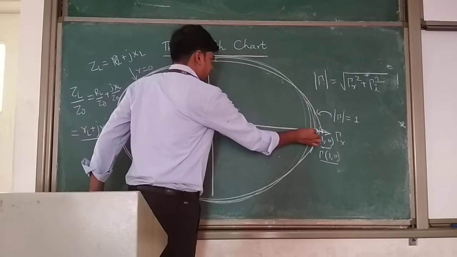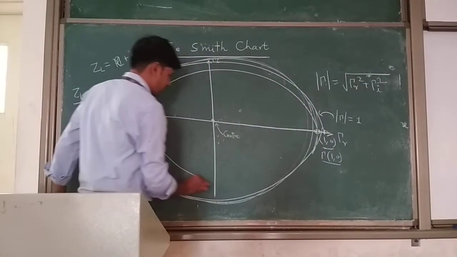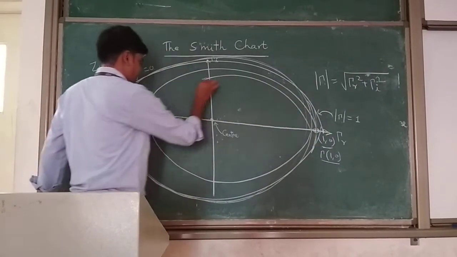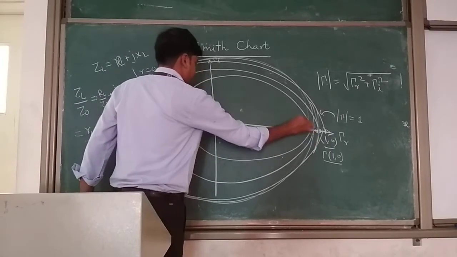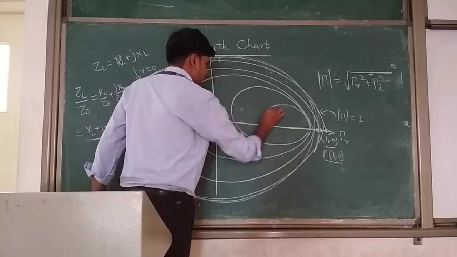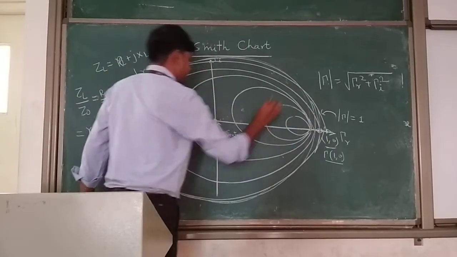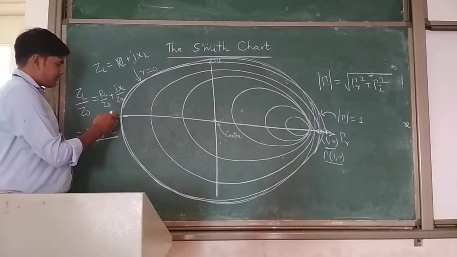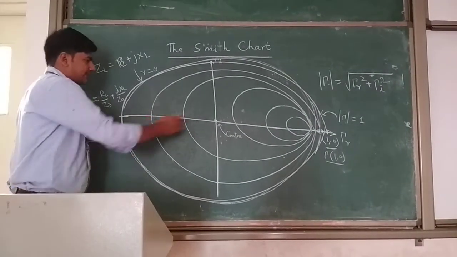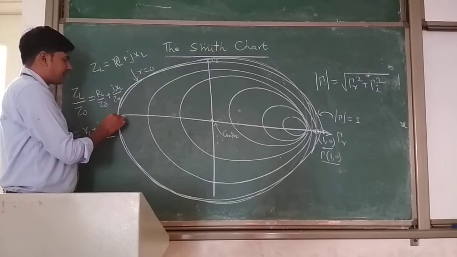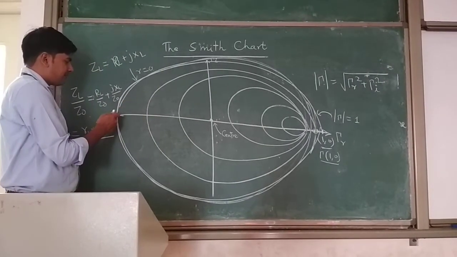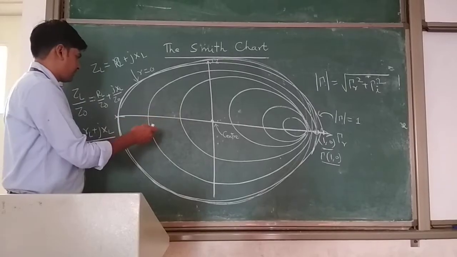We can make the resistance circle like this, then like this, and so on. Once you move towards the right of the Smith chart from this point, the next circle will have a higher value of resistance.